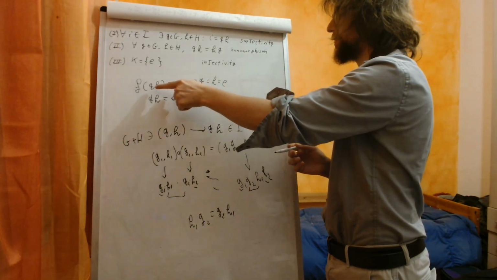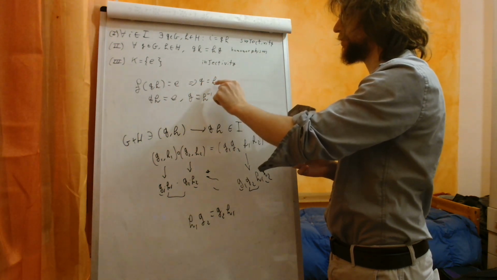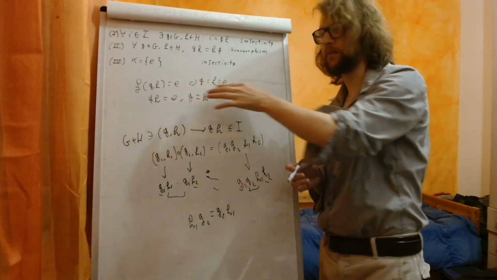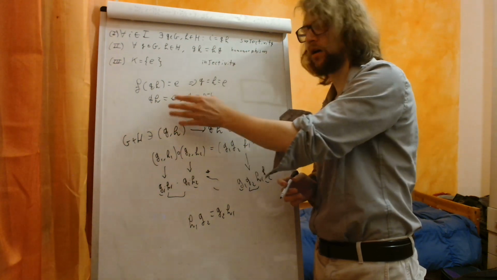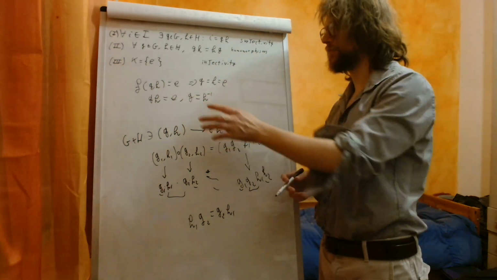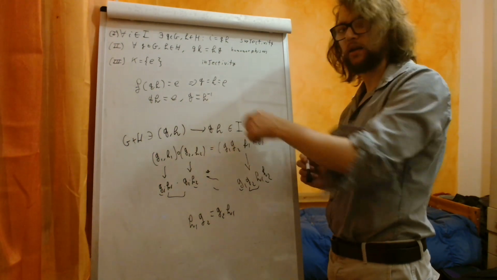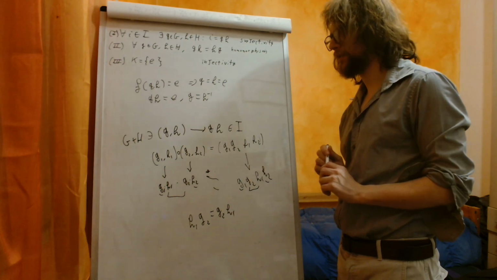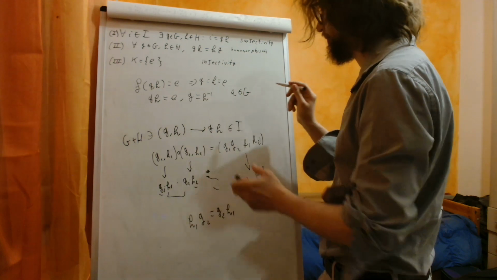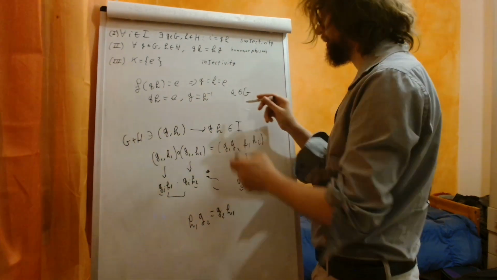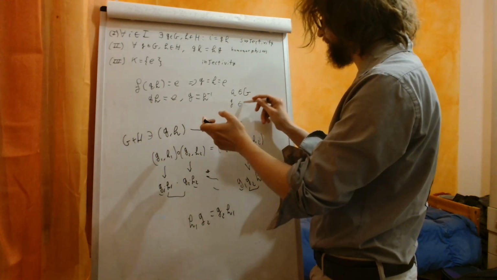So if we take an element from the kernel, we must have g h equals e, so that element must be the identity, and we can write it like this because of the homomorphism we created. So g equals h to the minus 1. So since h is the inverse of g, h is in G, because the inverse of g must be in G, and also g is the inverse of h, so g is in H.